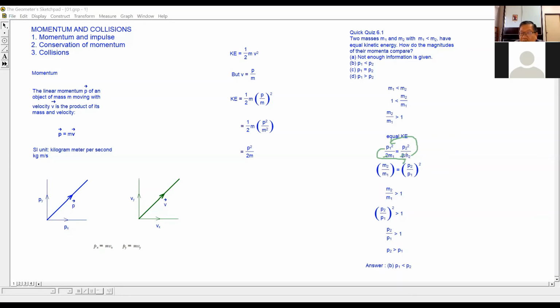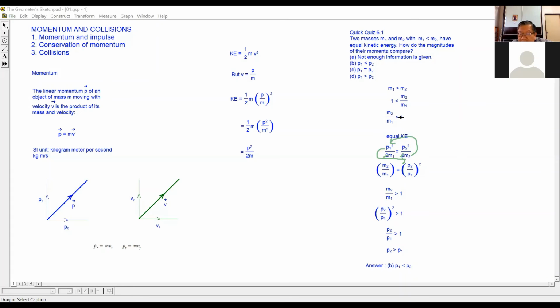So as a result, I get M2 over M1 is P2 over P1 square. So this is the relationship between them, between the M and the P.